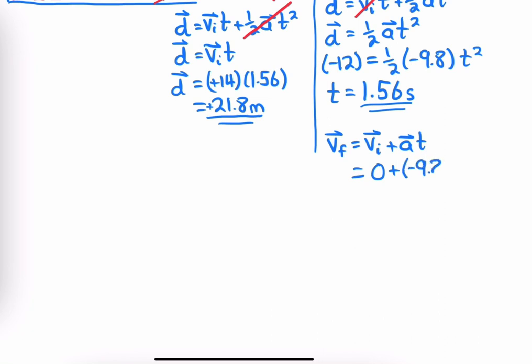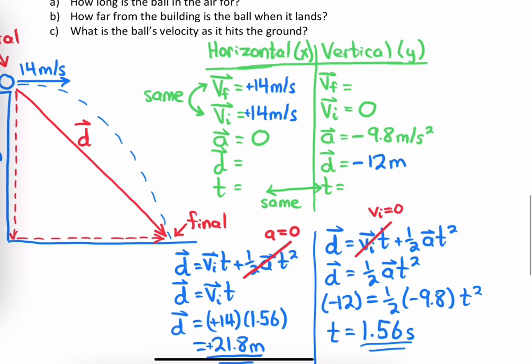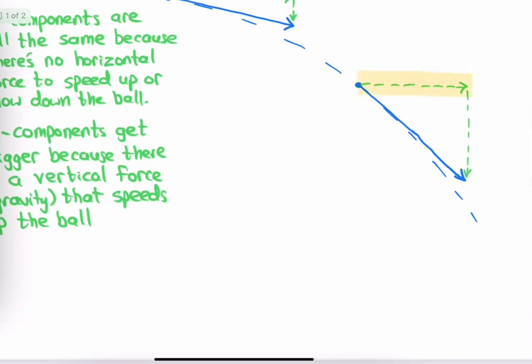A is negative 9.8. So I get VF is negative 15.3. Okay, so that goes up here. That's my y component of VF. I also have my x component, and now I have to combine them. Combine that x component and that y component to get the full velocity.